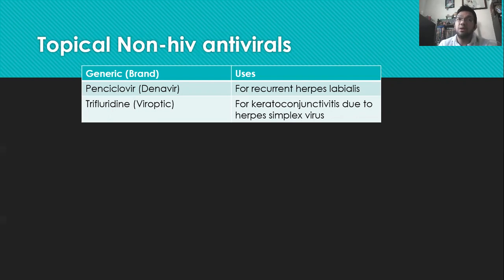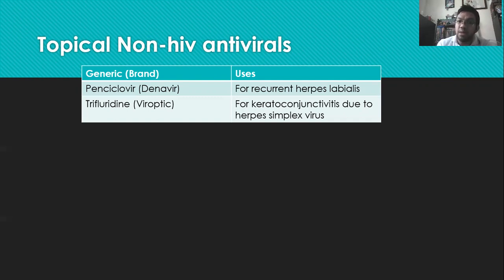So both the virus for chickenpox and herpes genitalis, the STD, can be dormant in our body. It's in our body, but once our immune system is down, they can recur. They can appear once more. That's how herpes labialis or herpes genitalis can be transmitted.